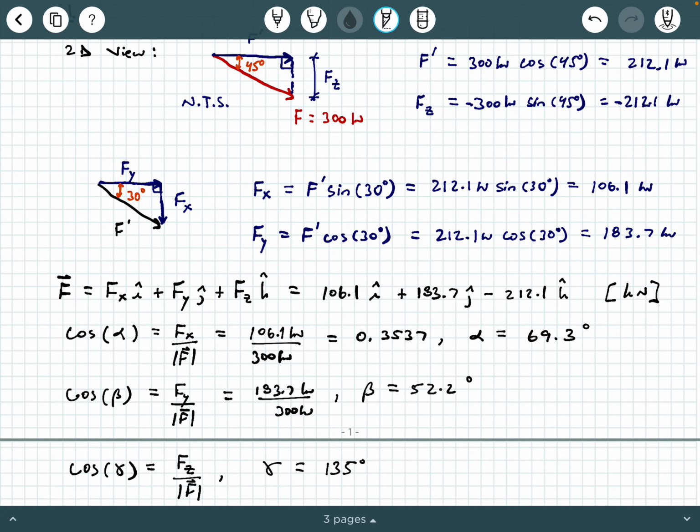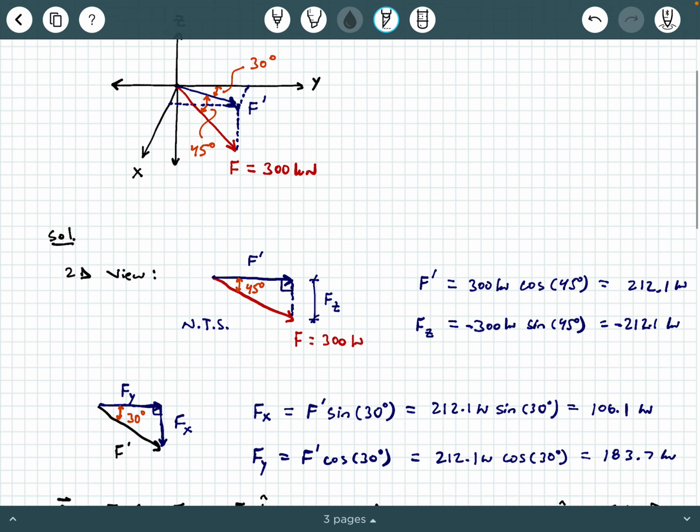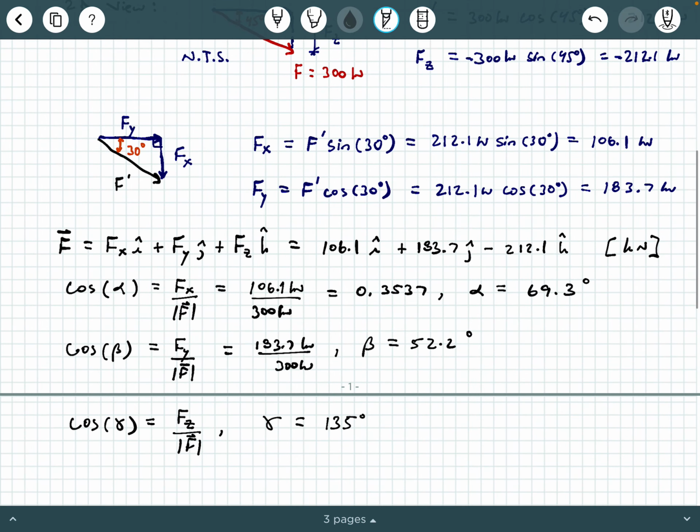If you wanted to resketch this vector and show the coordinate direction angles, we can. And the thing you would need to remember is where these coordinate direction angles are measured. They have specific measurements, right? So alpha is always measured from what? From the positive x-axis to the vector. Beta is always measured from the positive y-axis to the vector, and gamma is always measured from the positive z-axis to the vector, okay?